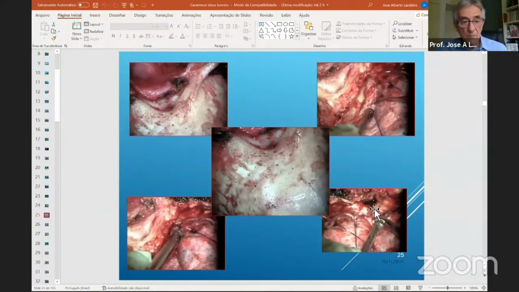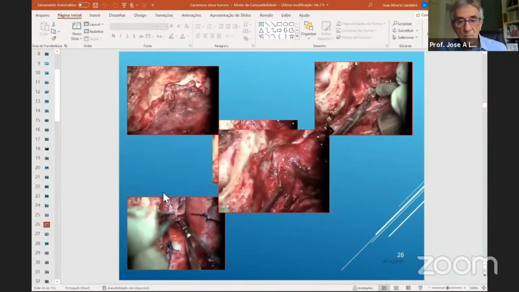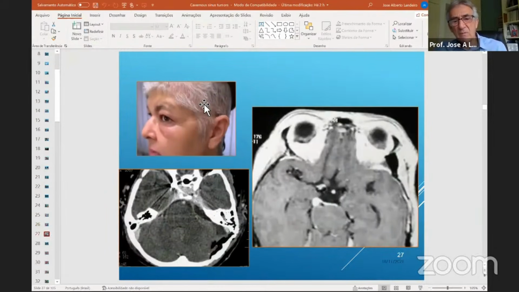I did the Kawase approach in this case. Look at this. After peeling, I drilled a good part of the temporal bone and dissected the tumor, and we had a good resection, with the postoperative view of the patient without any neurological problems.